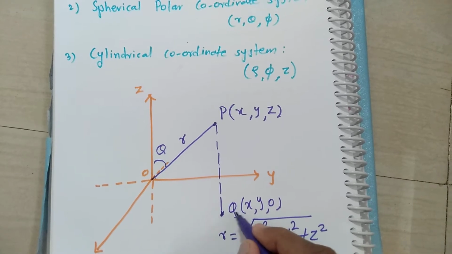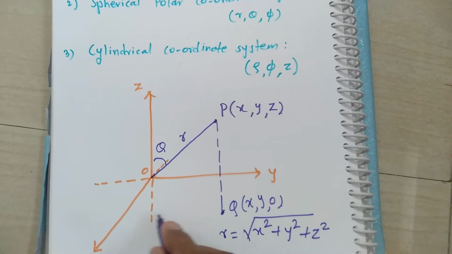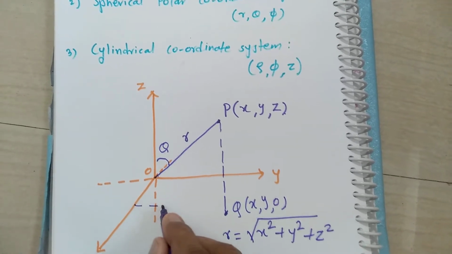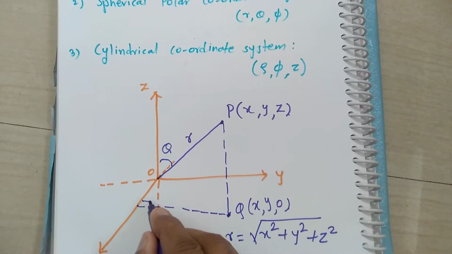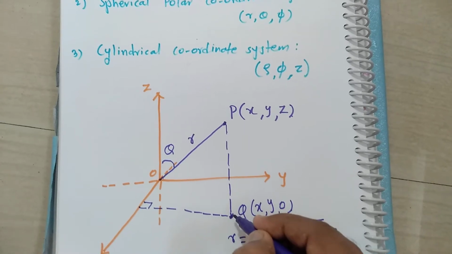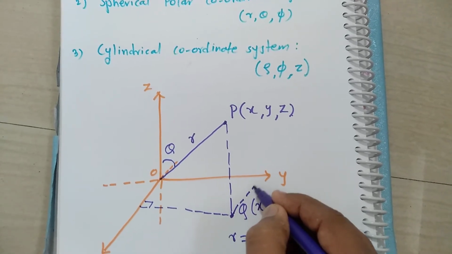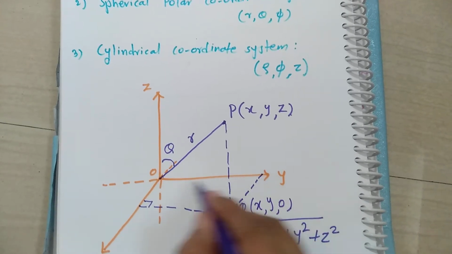Now this is a point in two dimensions. If you want to find the x coordinate of this point, draw a perpendicular to the x axis passing through this point. This distance is the x coordinate, and draw a perpendicular to the y axis from this point. This distance is the y coordinate of this point.